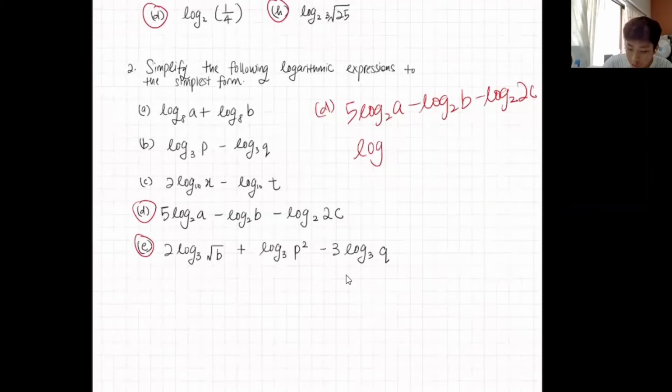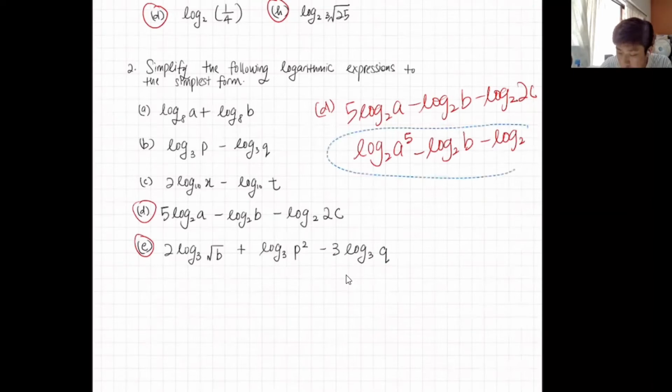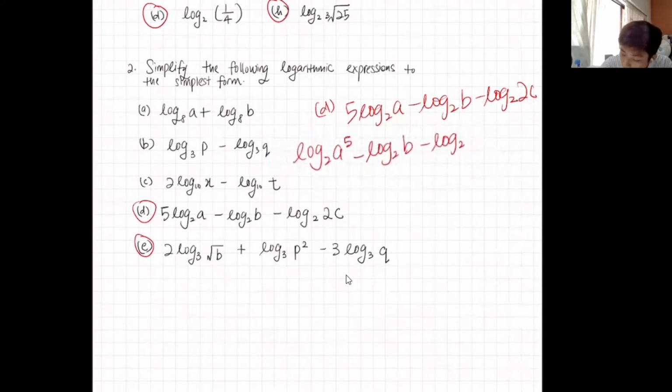So the 5 I throw up there, I get log 2a to the power of 5 minus log 2b minus log 2c. Try to separate everything. Try to separate this thing. Okay? When you separate this thing, that's one mistake that students always make. Okay? When you're separating this thing, right? When you put a minus, don't forget to put a bracket. Log 2.